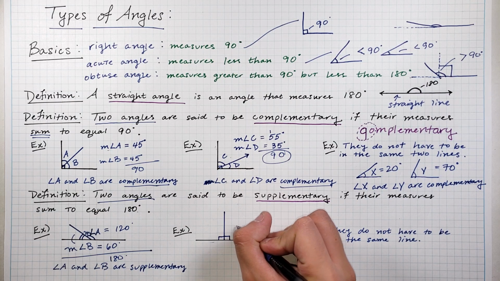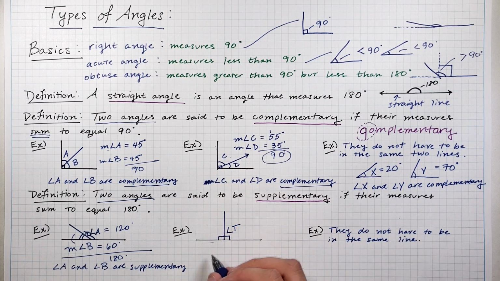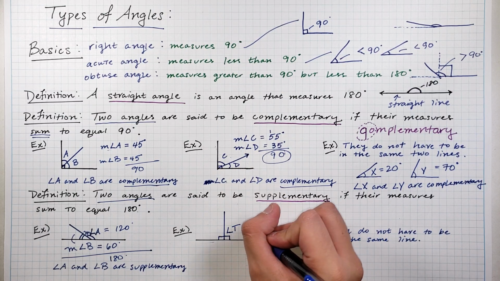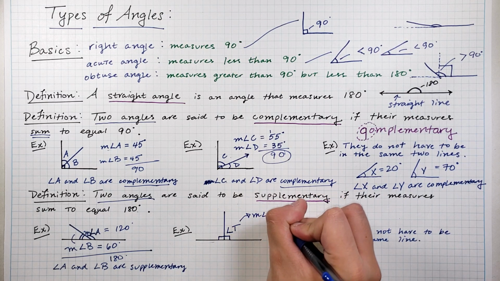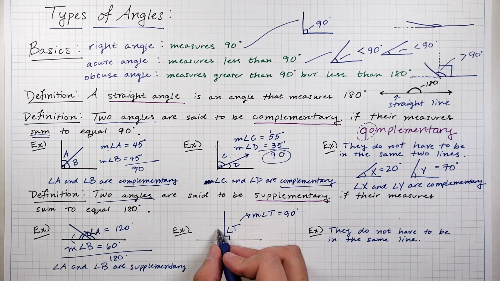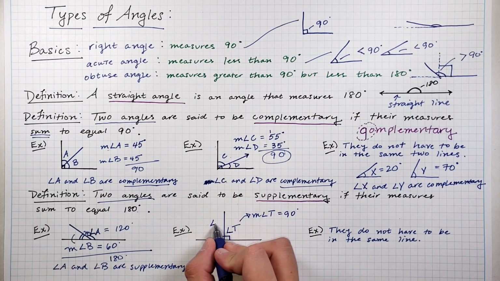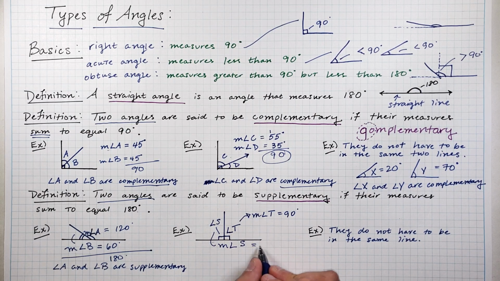So let's say we call this angle T, and we'll say that the measure of angle T is equal to 90 degrees, all right? And then we'll call this one angle S, and we'll say that the measure of angle S is equal to 90 degrees also.